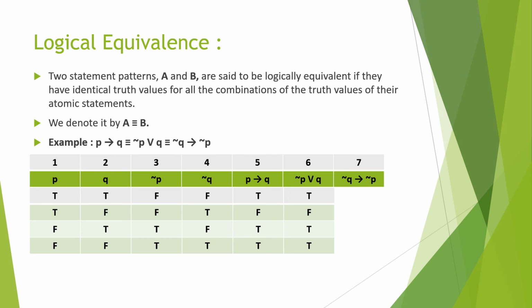False implies false is true, true implies false is false, false implies true is true, and true implies true is true. So you can see here that 5th column, 6th column and 7th column are identical. Therefore the statements P implies Q, negation P or Q, and negation Q implies negation P are logically equivalent.